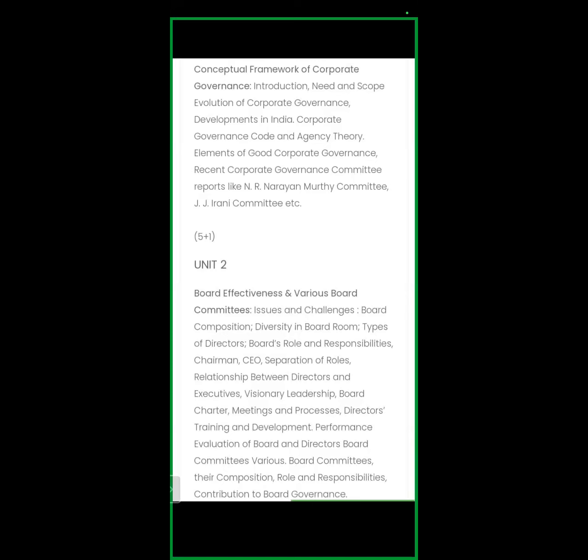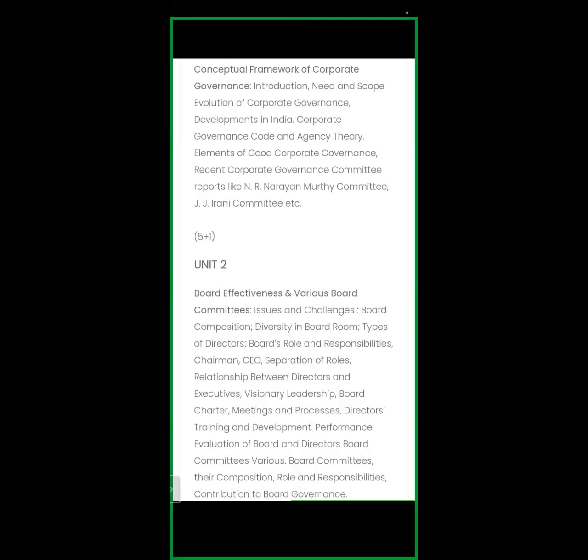That committee report is called the Cadbury report. The person named Cadbury headed this report.